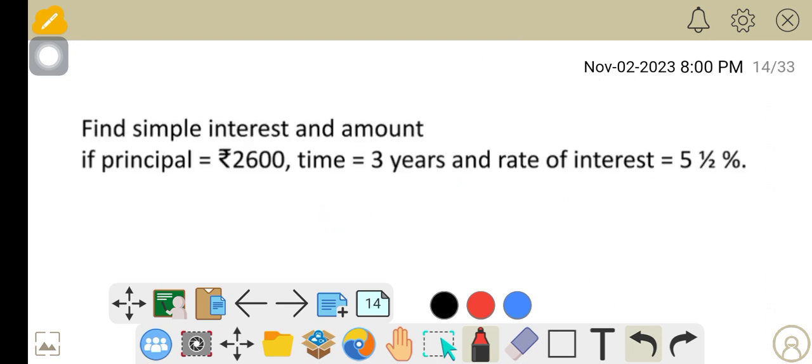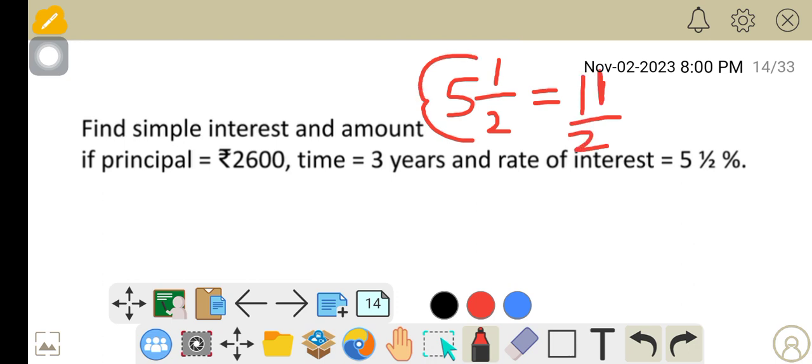Now the next question, we need to find simple interest and amount where principal, time and rate of interest are given. But the main point is the rate of interest is given in mixed fraction, so we need to convert it to a normal fraction. 5 1 by 2 can be written as 2 fives are 10 plus 1, 11 by 2%. So we will use 11 by 2%.